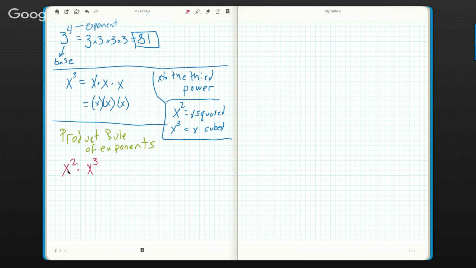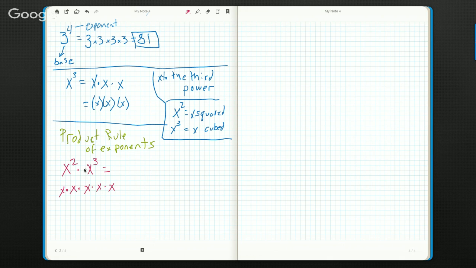So if we say x squared times x cubed, a common thought would be to say that this is x to the 6th power, but it is not. And the reason is because x squared, if we break it out and we use our definition up here of exponents, we know that x squared is x times x. And here we're going to take down our multiplication sign, and we know that x cubed is x times x times x.